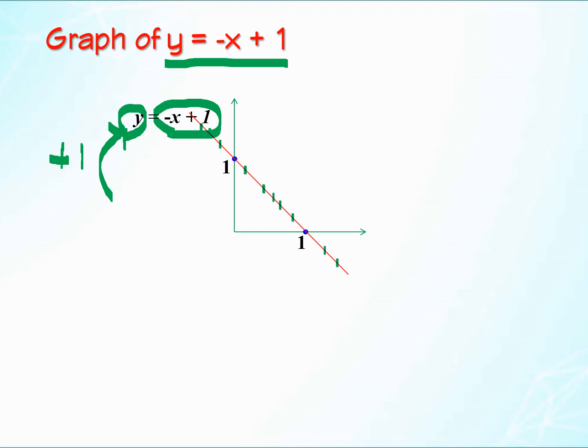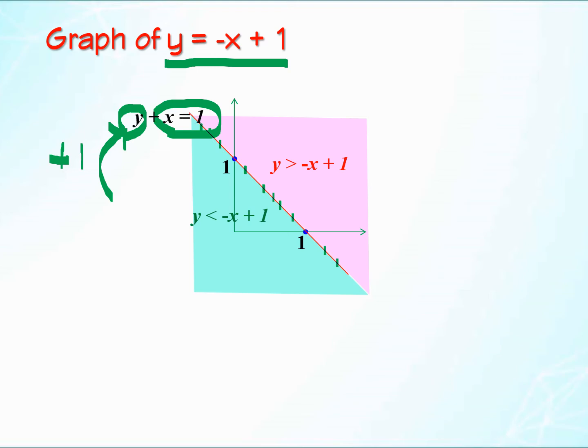What if it's above the line? Then the left-hand side is greater than the right-hand side. How about below? That will be the left-hand side value is smaller than the right-hand side value.